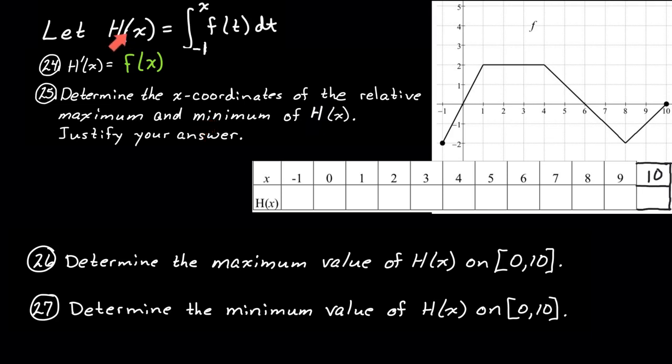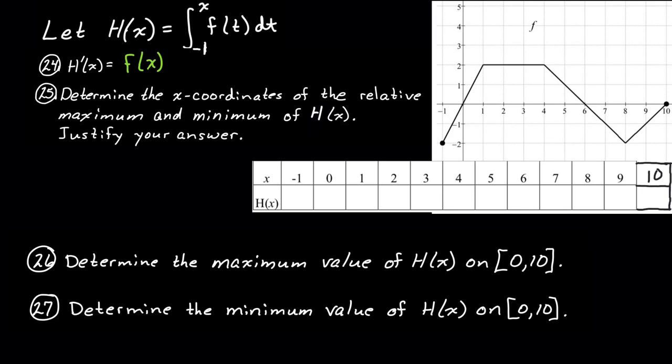The derivative of h, because that's what we're looking for, is the maximum and minimum of h. So we need to look at h prime. H prime, however, is equal to f. And this is the graph of f. So we are looking for the relative maximum and minimum, which is where h prime, which equals f, changes sign.